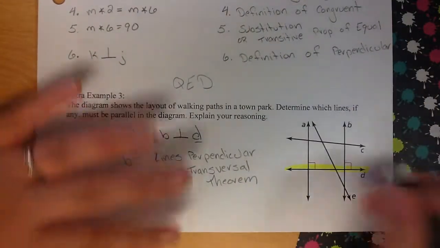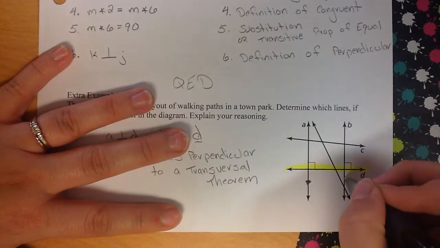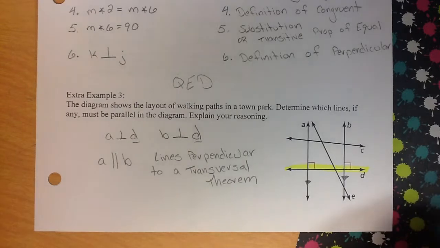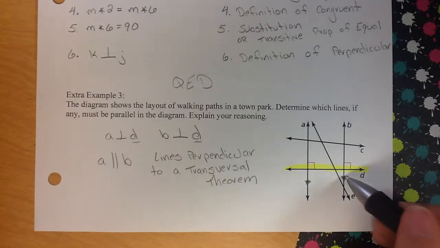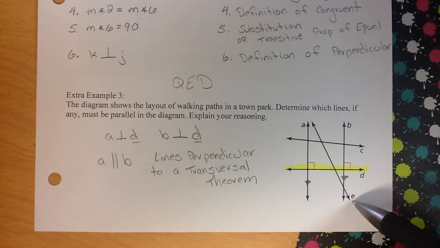So I know these two lines, we can go ahead and mark them, end up being parallel. Now let's see, do we know anything else? Well, I don't know anything about the angle with E between anything.